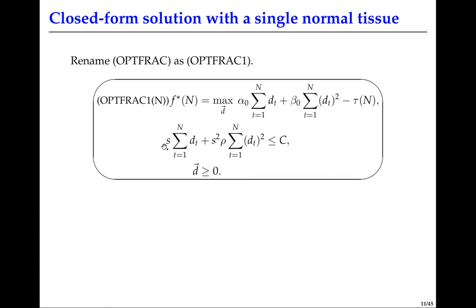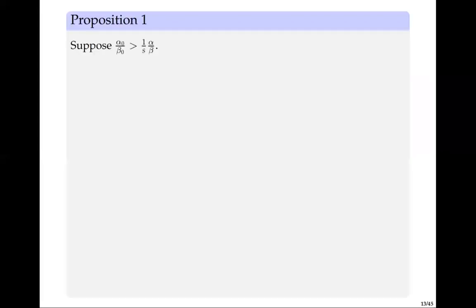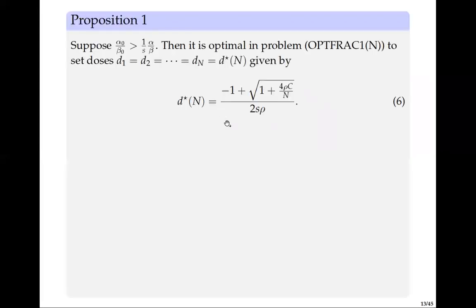So here I'll get a term which is n times the dose in any one of those sessions, and again n times the dose squared for any one of those sessions. And this has to be equal to C because the constraint has to be active, which tells me that I can simply solve that quadratic equation in D and figure out what that optimal equal dosage solution must be. And that is how we were able to derive this particular formula.